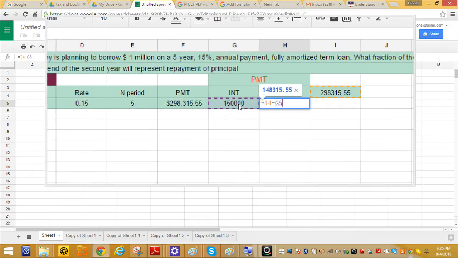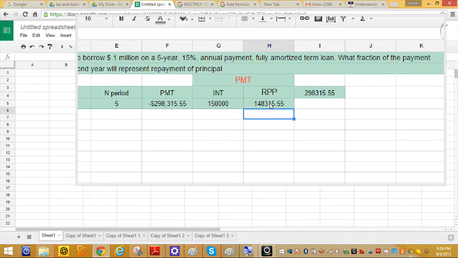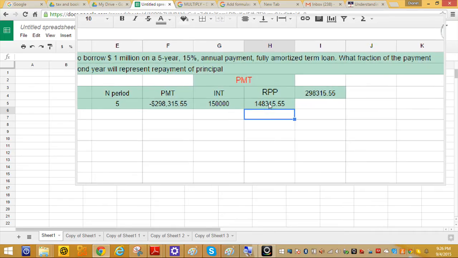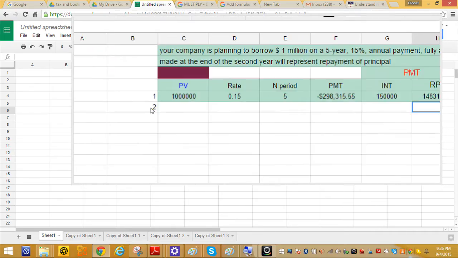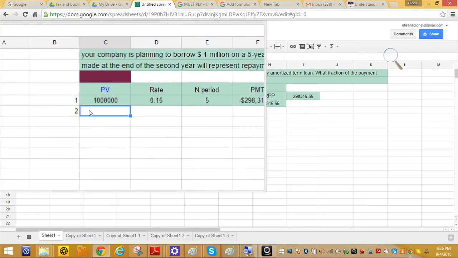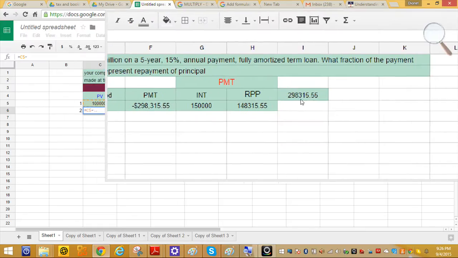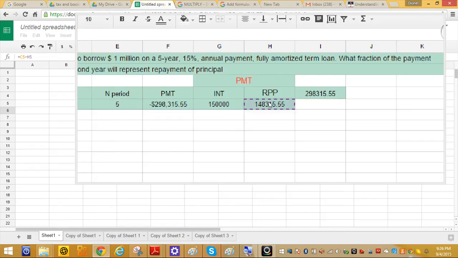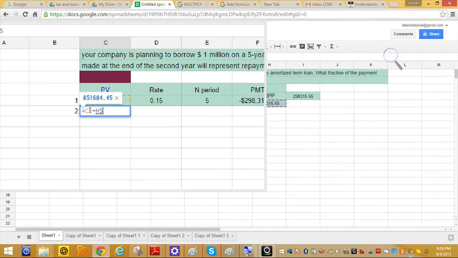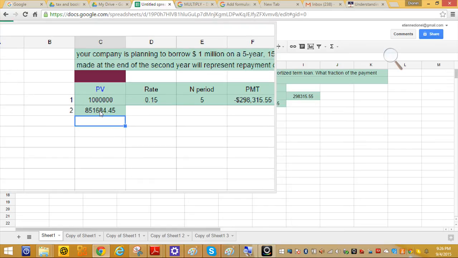There you go, that's what I pay on the principal. That's gonna be the repayment. So my new balance is no more 1 million. My new balance, if I put an equal sign here, is the 1 million minus the repayment. Okay, there we go. That's gonna be my new balance.